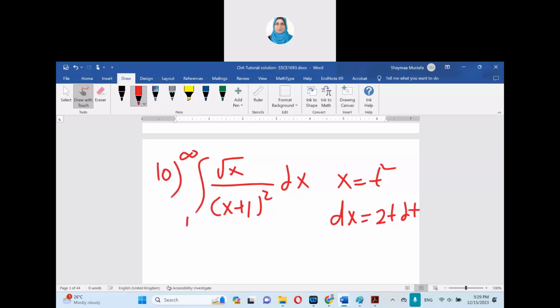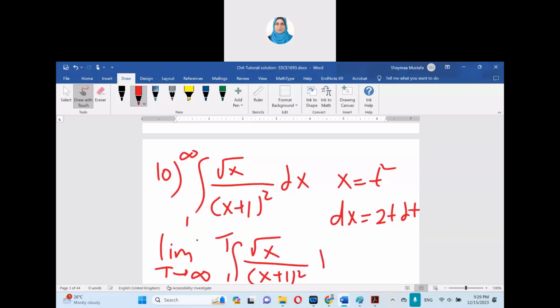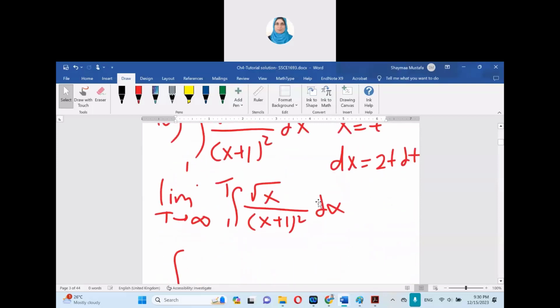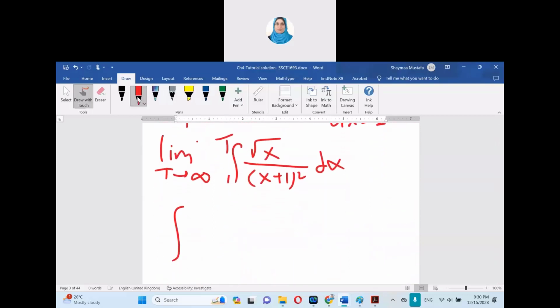So the integration is the limit when t goes to infinity, because this is improper, of the integral from 1 to t of square root of x over x plus 1 squared dx. Now instead of dx, I will write 2t dt.